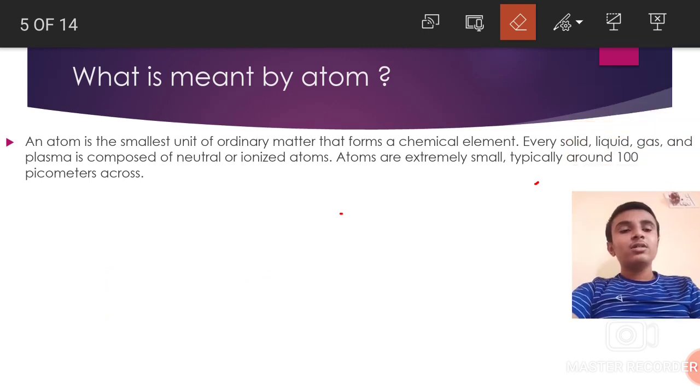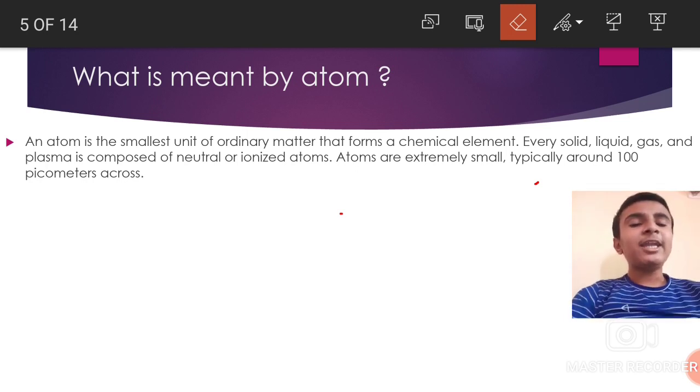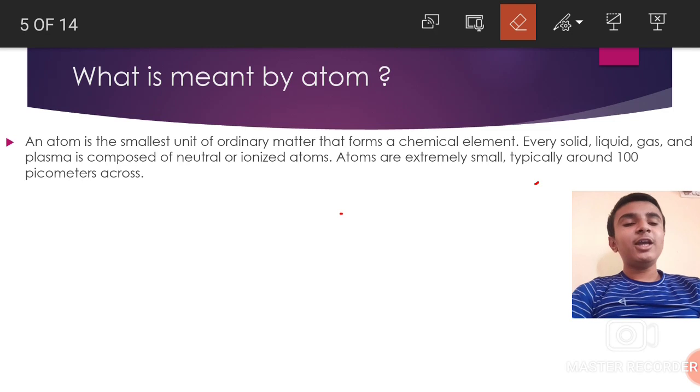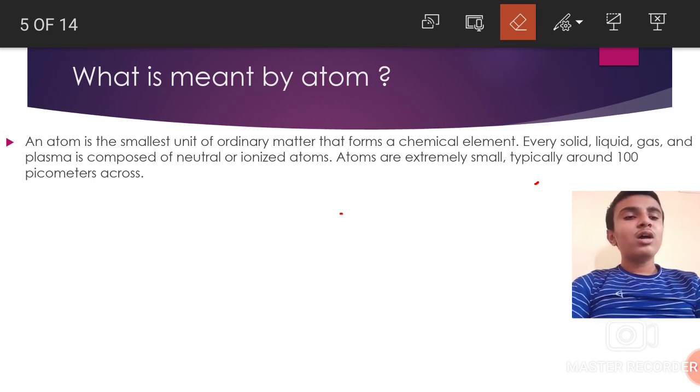Okay, friends, let's move to our next sentence, that is, it tells us that atoms are extremely small, typically around 100 picometers across. Now, as we know about cells and microorganisms, microorganisms and cells are seen under a microscope. Yes, they are seen under a microscope.